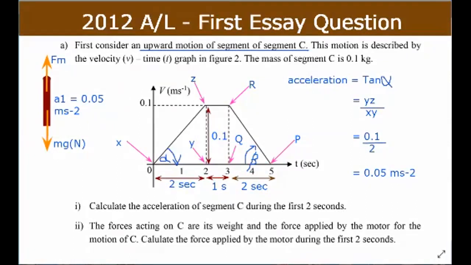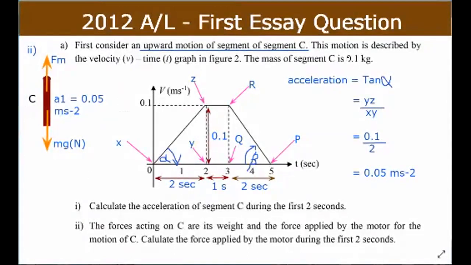Draw this figure here, please. I'm going to give you the answer for Roman number 2. For Roman number 2, I have drawn this figure. This is the segment C. Right. So what should I do to find the force given by the motor here?